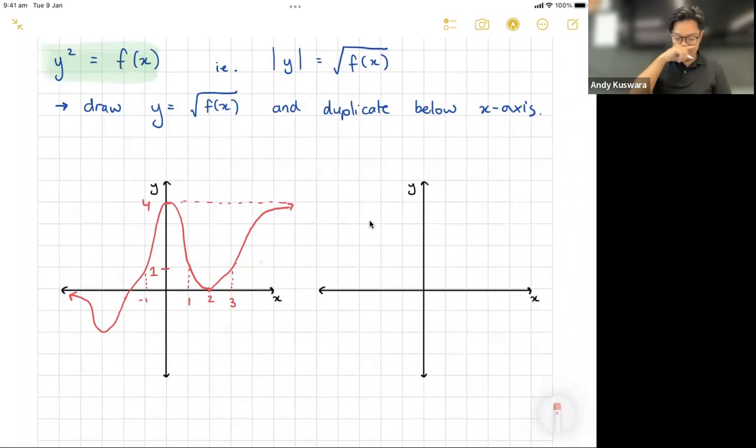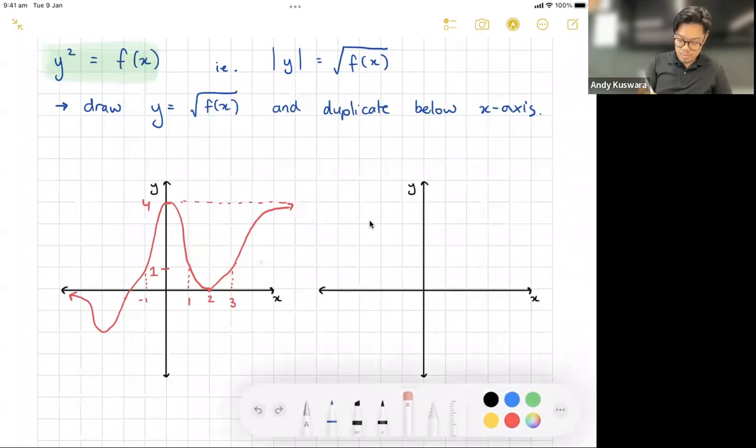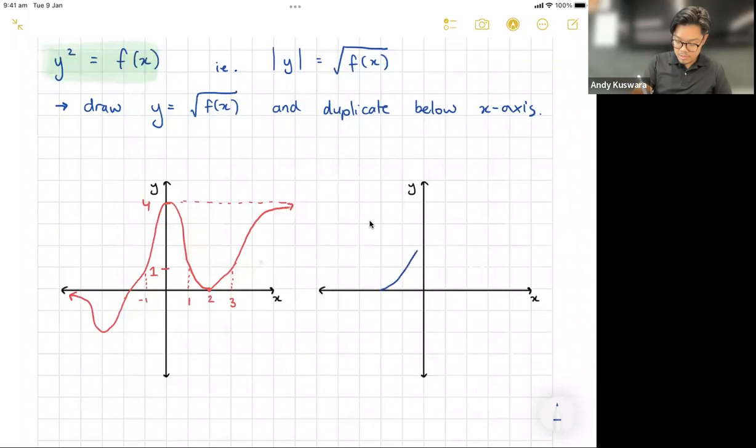Okay, so let's take the square root first. We'll square root everything similar to before. It's going to look a little bit like this. Right, it's going to go down, it's going to go up, and it's going to peak out at 2. So that's what it would have looked like. But now we are going to reflect it this way.